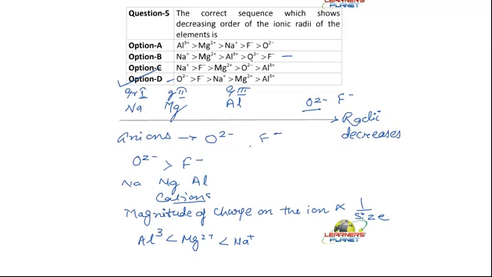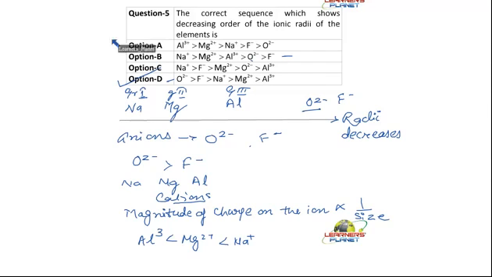Option D. Oxygen anion, because it has 2 more electrons, is bigger than fluoride anion, which is further bigger than sodium, then magnesium, and then aluminum. Right? Remember that anions are bigger in size, cations are smaller in size.